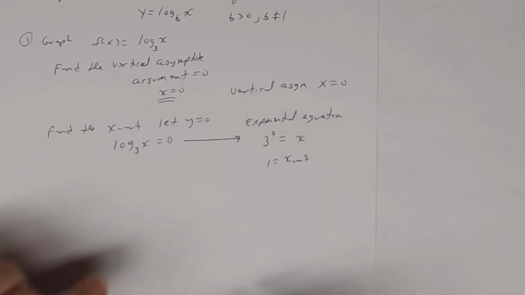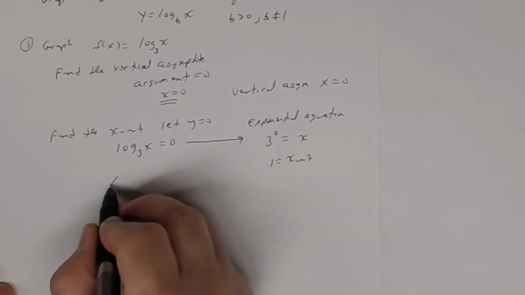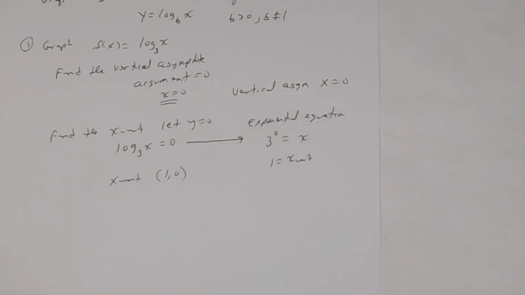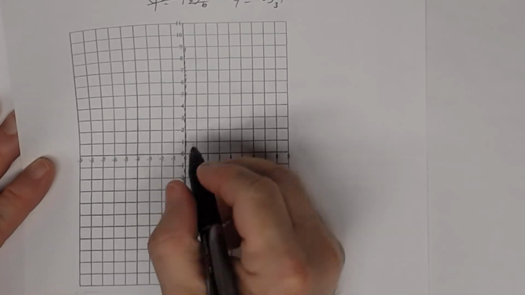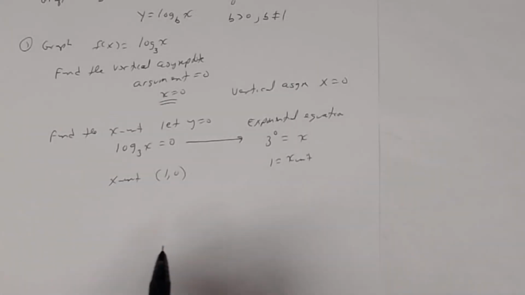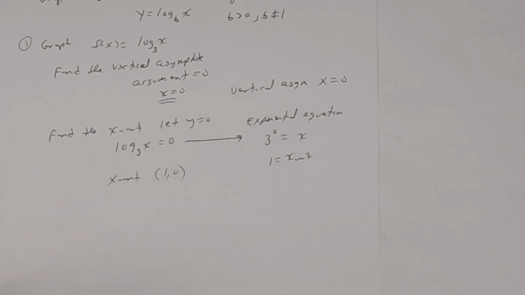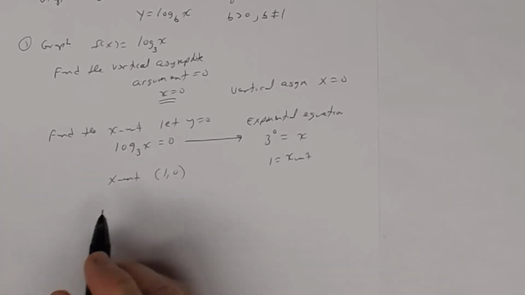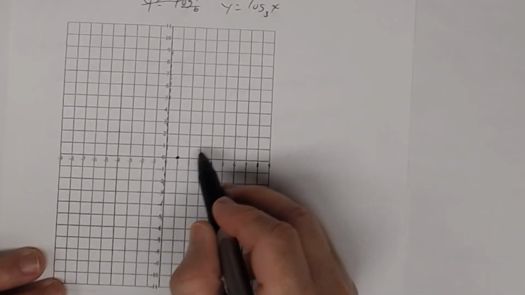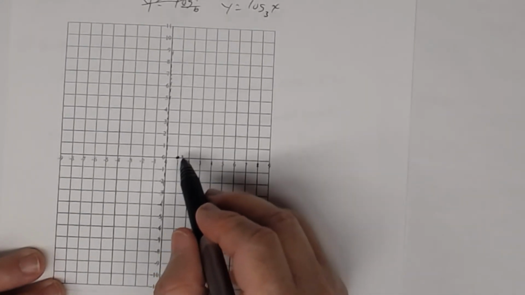The x-intercept is 1, 0. You're going to plot the point 1, 0. Now, I need another point to help me graph this.